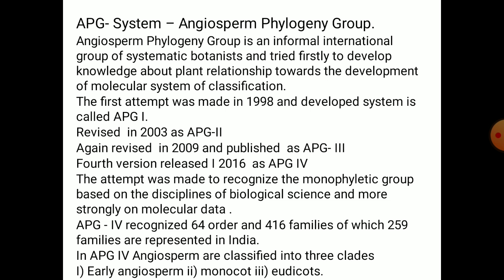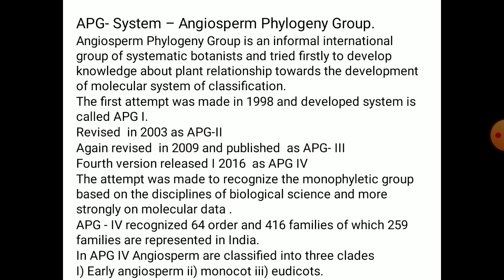The attempt was made to form a monophyletic group of the angiosperms based on the disciplines of biological science. It may be anatomy, physiology, ecology or cytology, and beyond these, molecular data was taken into account for APG IV.